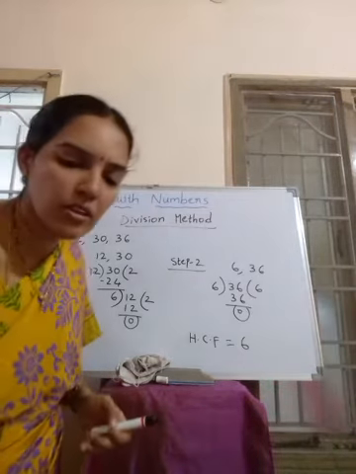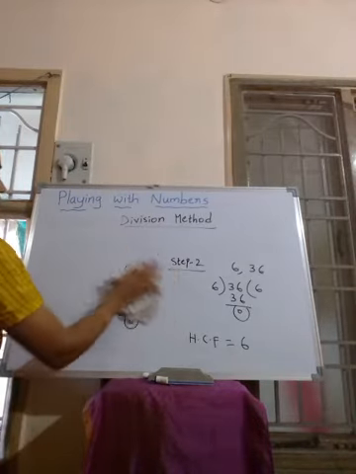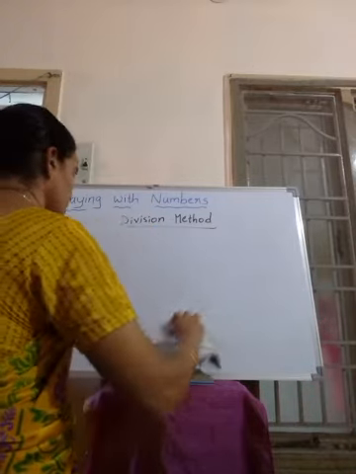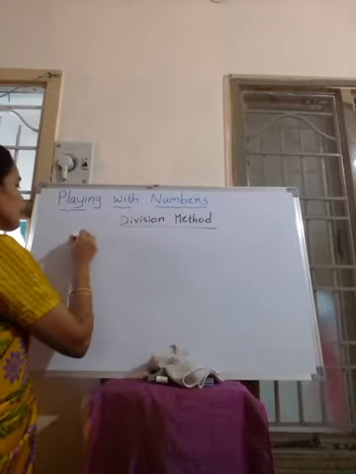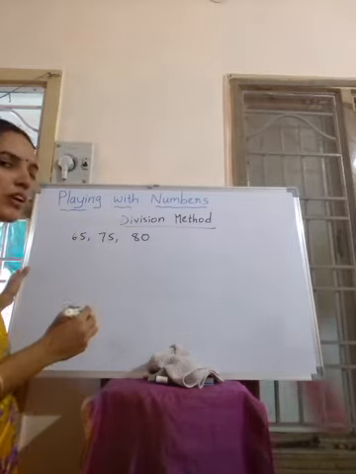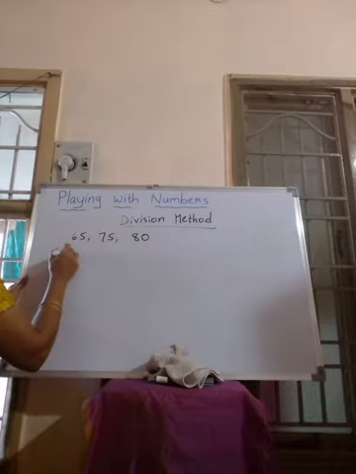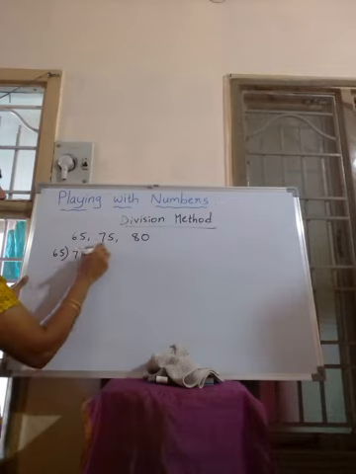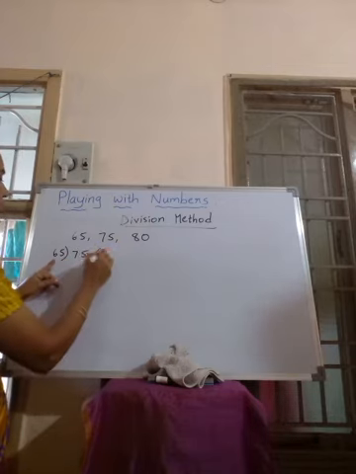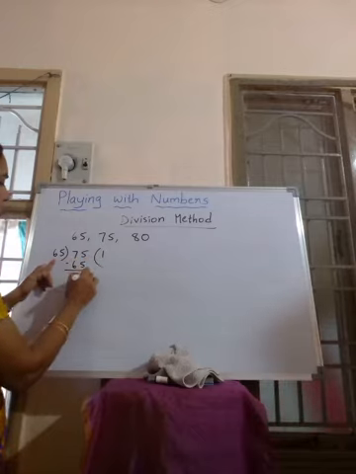Let's take another example. 65, 75 and 80. These are the three numbers I am taking. Now first I am finding the HCF of 65 and 75. 65 one time, 65, and the difference is 10.